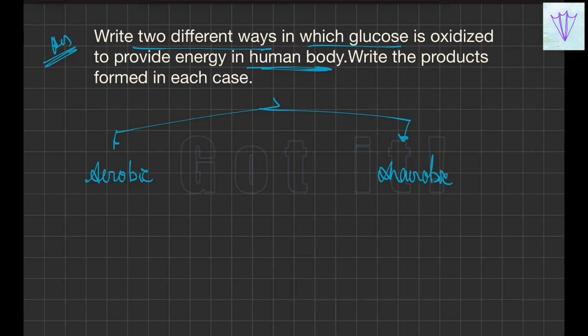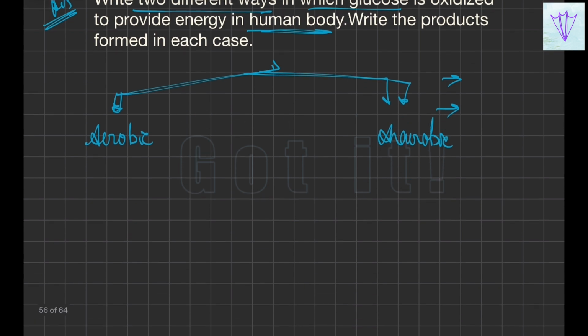If it's a long answer, you can make a flow chart like this and write your answer, or if it's a short answer, then you write it normally, point wise. For presentation purposes, flow charts will give a good impression. So anaerobic respiration and aerobic respiration.